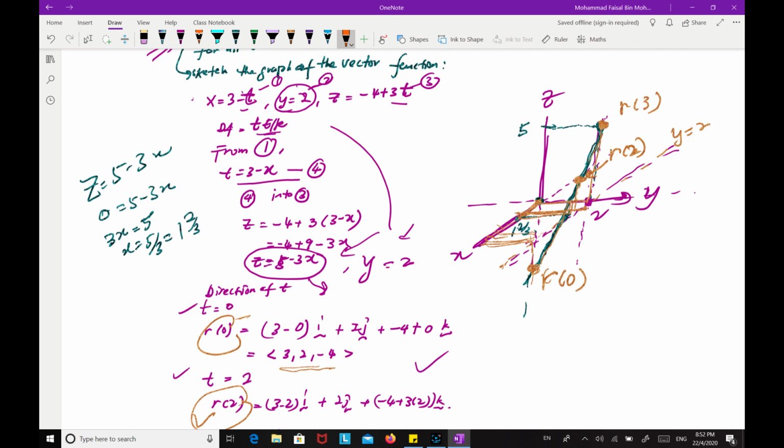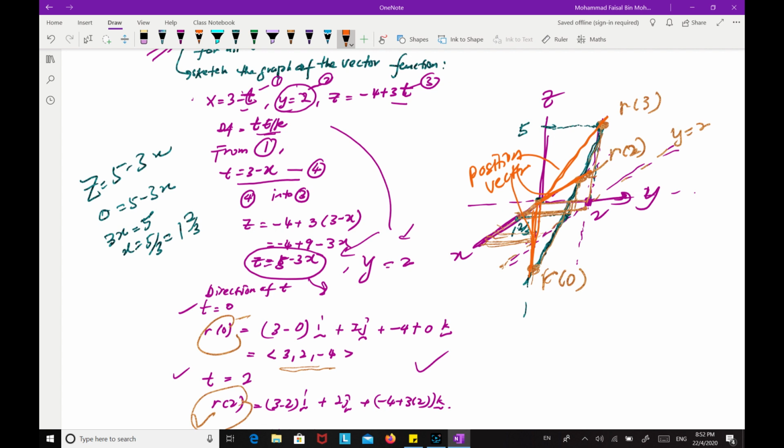So we have this one, and this one, we call them position vectors, must be from 0 to this R0, R2 and R3.